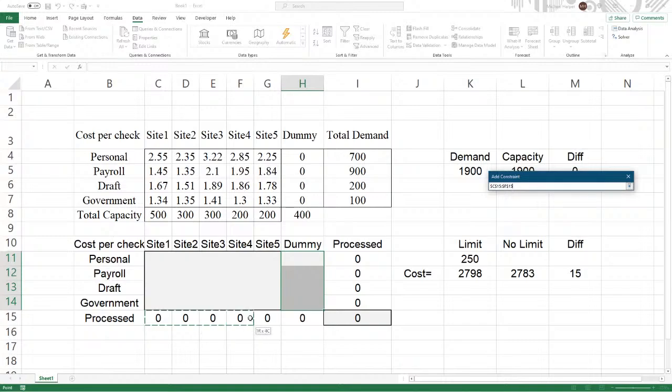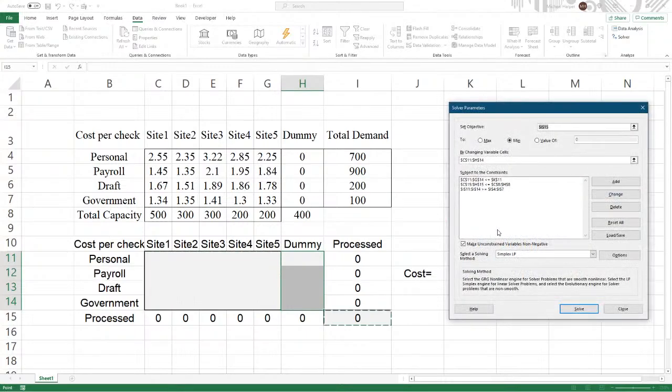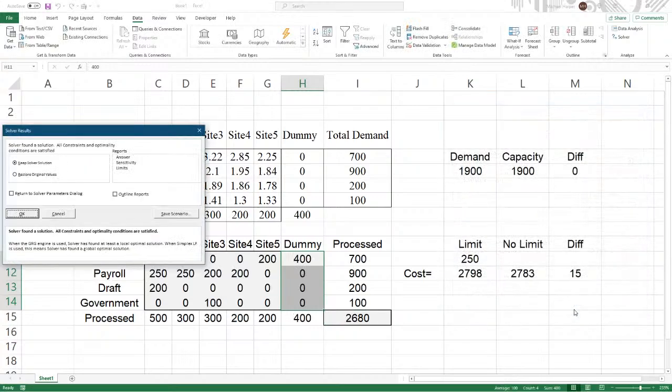Add what's being processed at the sites must be less than or equal to its capacity. Well, they're going to be the same, so they're going to be equal. And then let's add the constraint that these sites are less than or equal to the limit. Okay, so let's solve this thing.